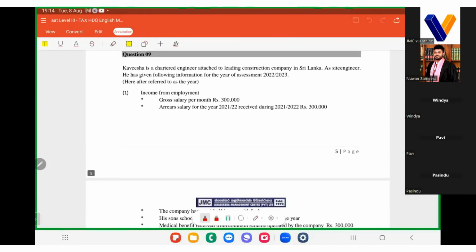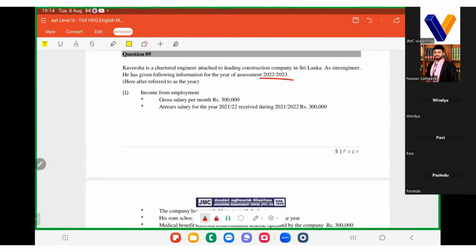He works as a site engineer. You can see the following information. The gross salary per month is given as 300,000.